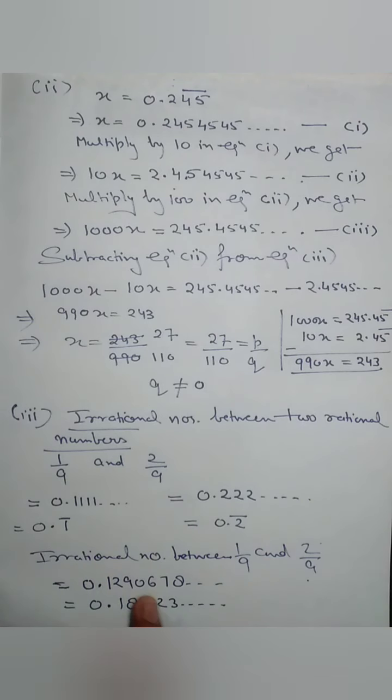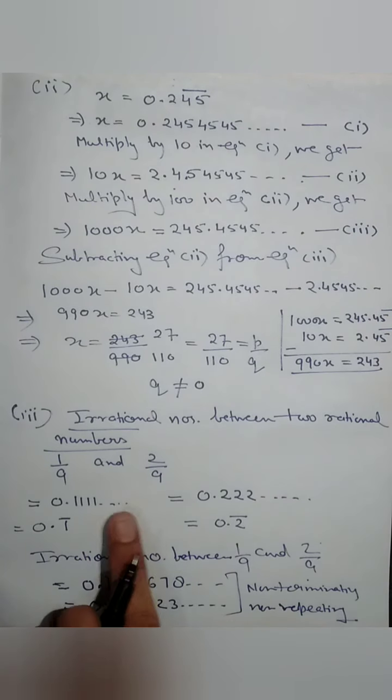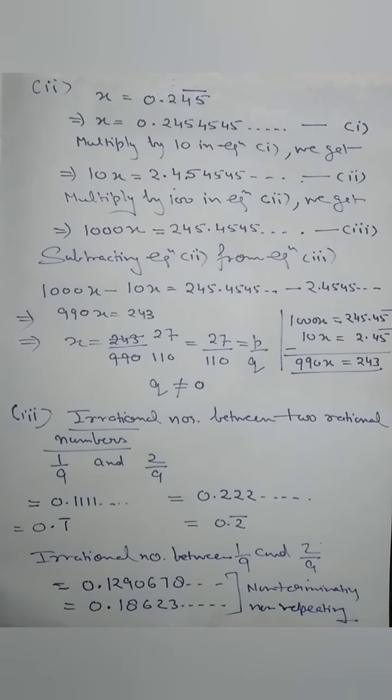We have to see that there should be no repetition of digits, and the decimal expansion should be non-terminating, non-repeating. In this way we can find an irrational number between any two rational numbers.